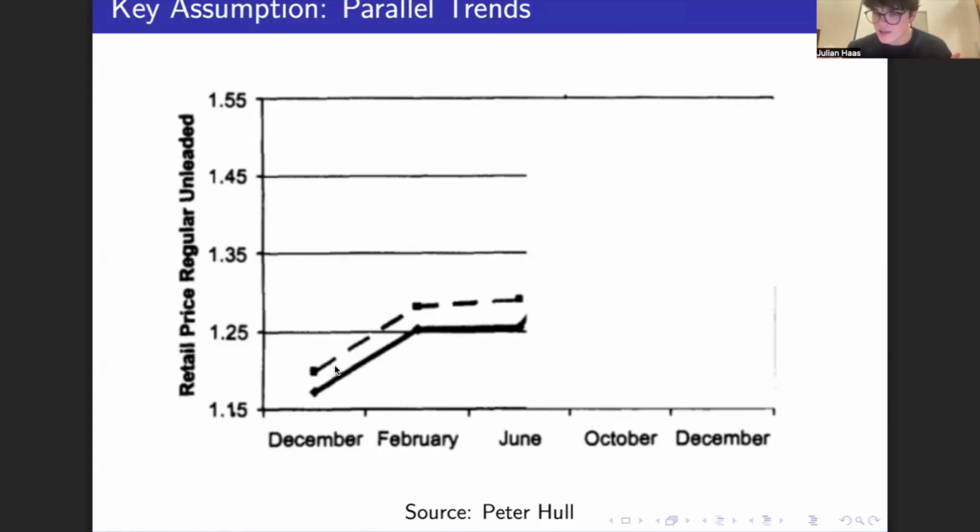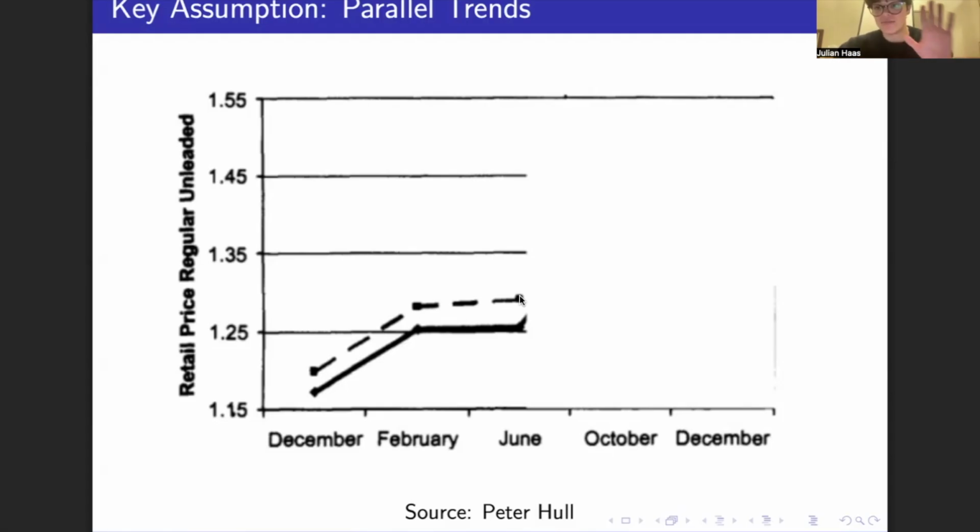And it seems that before the treatment, these groups are trending in parallel, so their gas prices are trending in parallel between the treatment and the control. As a result, it seems to me a pretty good assumption, or at least not a bad one, that had the treatment group not received the treatment, it would have trended exactly as the untreated group did.